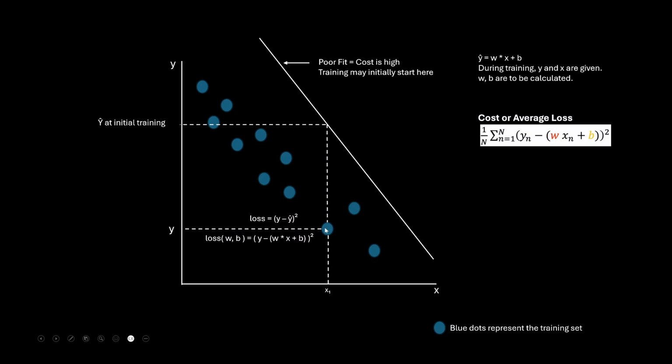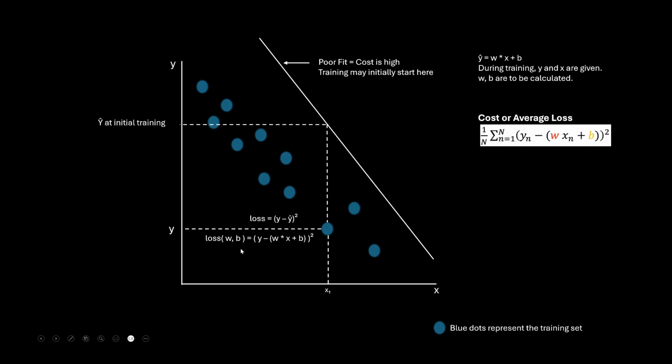Now, we described in the previous video that the total loss or the cost or the average loss for all these data points, essentially you're doing exactly the same thing as we are doing for this data point, is described by this equation. So we are summing up all the losses for all the data points used in the training and then dividing the total by the number of data points.